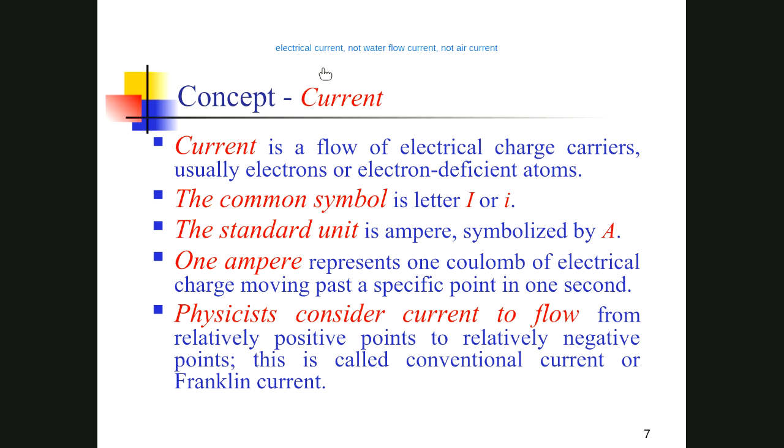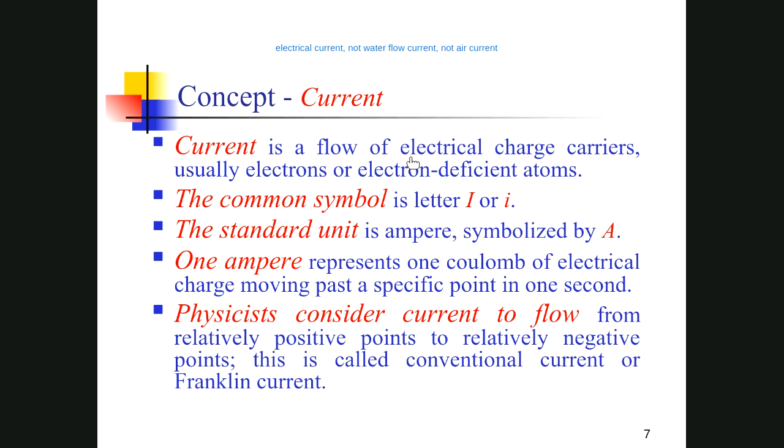To make things clear, here by current we mean electrical current. In practice, sometimes we also use the word current for a stream or river flow, and in the high sky we have air current. But here current means electrical current.